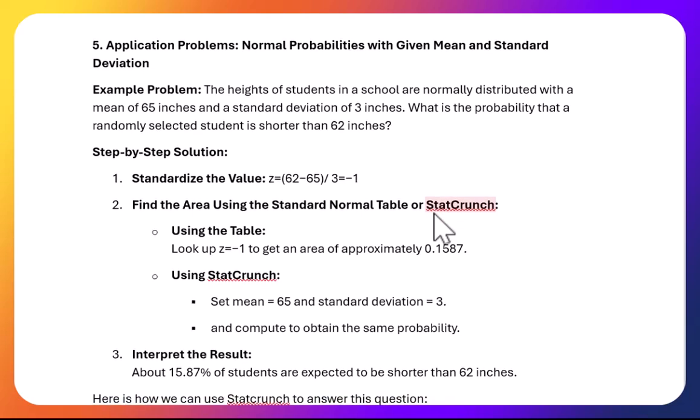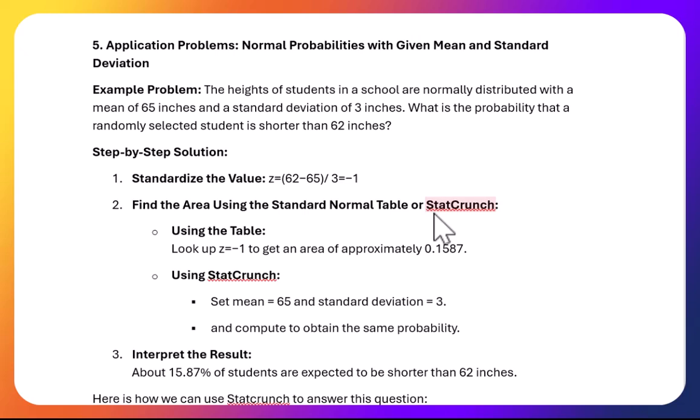Let's see, another exercise. The heights of students in a school are normally distributed with a mean of 65 and a standard deviation of 3 inches. What is the probability that a randomly selected student is shorter than 62 inches?